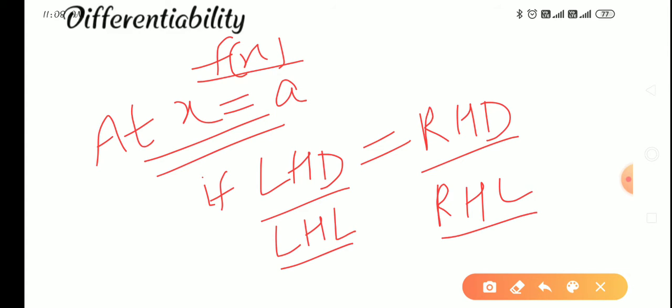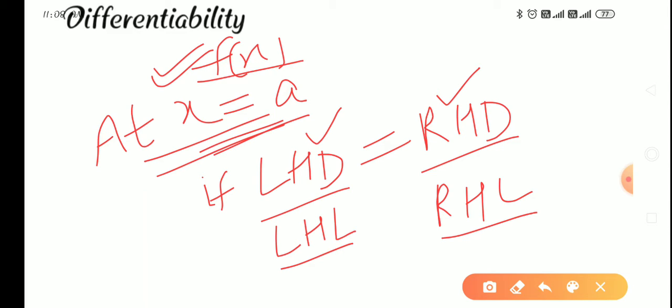In the same way, left hand derivative and right hand derivative. What is the method to find them? I will tell you. If at x equals a, left hand derivative is equal to right hand derivative, then you can say the given function f(x) is differentiable at x equals a.